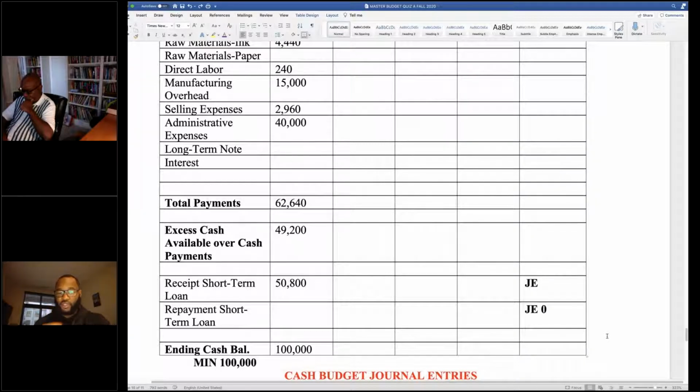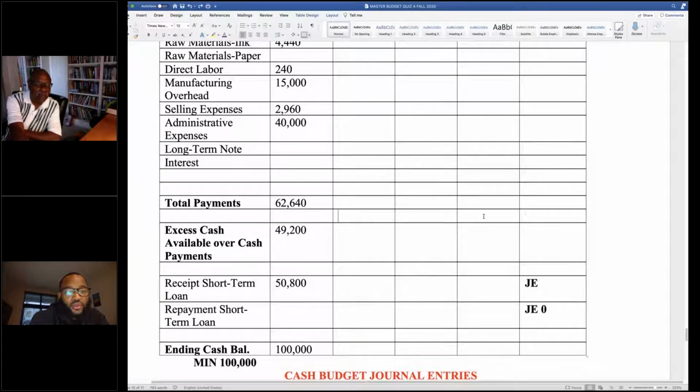So, Professor Boyd, looking at the total payments, what's the total payments in the cash budget? Is it the sum of the overhead expense, the selling and advertising expense, and the labor expense?